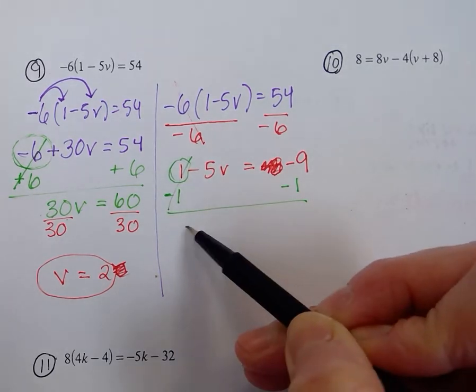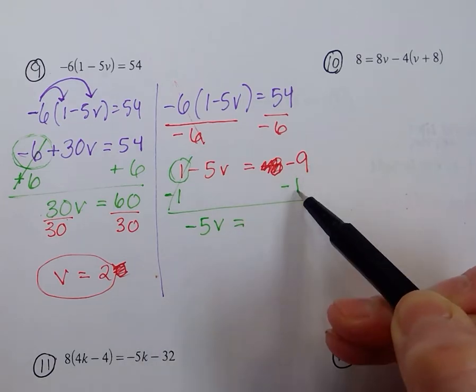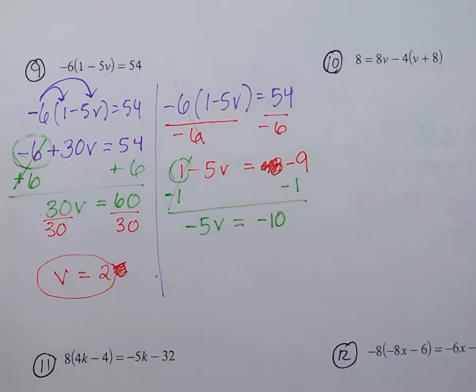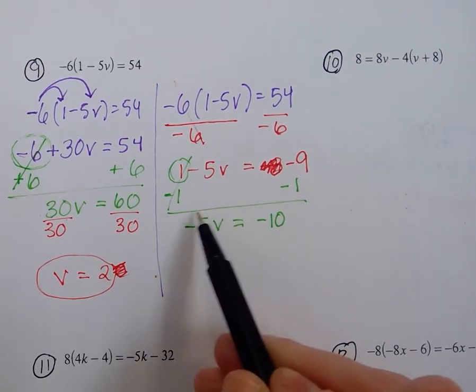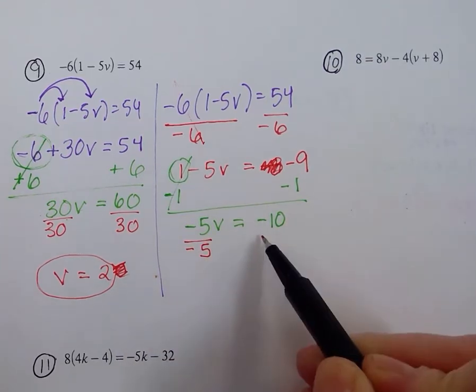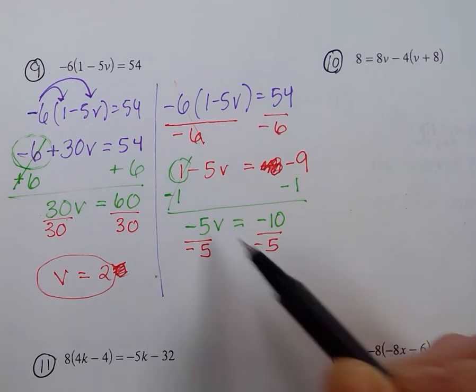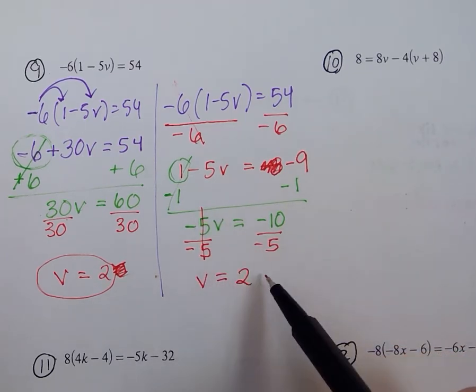Negative and positive leaves me with -5v equals -9 plus -1 is -10. Now I'm going to have to divide again because now I have -5v's on the left. So I need to divide out a -5 and get v equals 2.